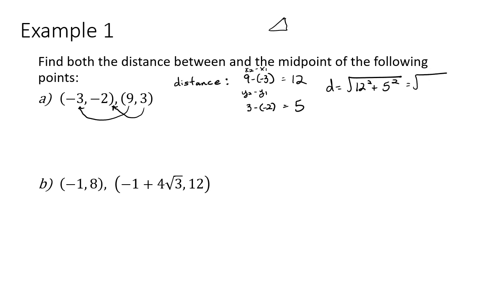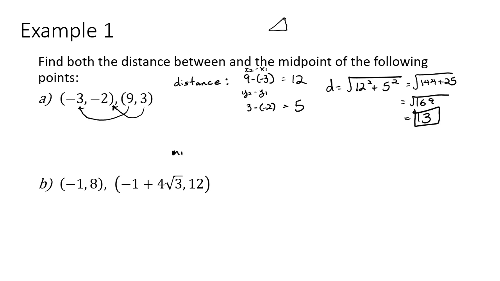So that would be the square root of 144 plus 25, which works out to the square root of 169. And since 169 is 13 squared, that works out perfectly to 13. Now that oftentimes won't be the case, and if that's true, you just simplify the square root as much as possible.